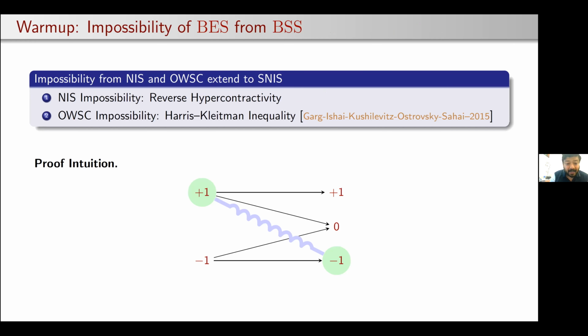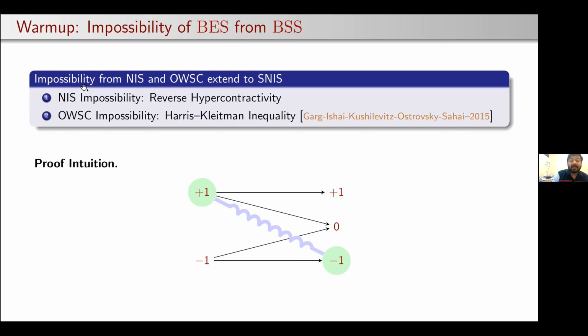So let's start with some representative warm-up results. So first, let us try to prove the impossibility of generating a target BES from a source BSS. This result is actually known to be infeasible in the context of non-interactive simulation, as well as in the context of one-way secure computation.